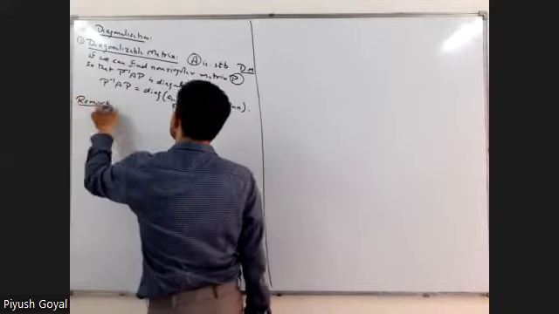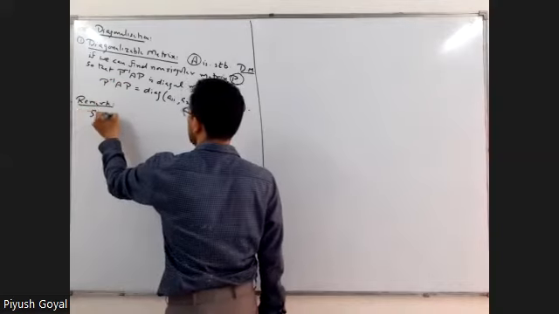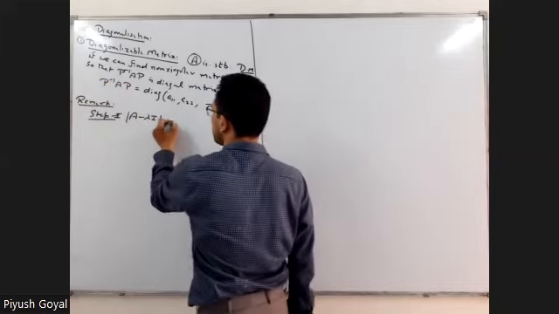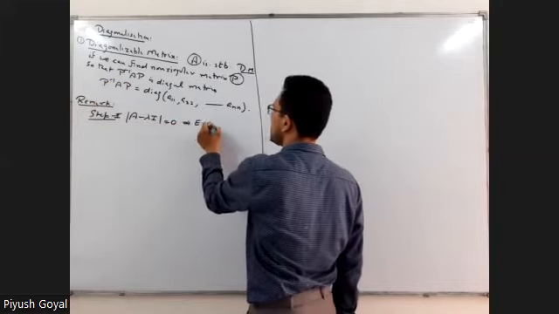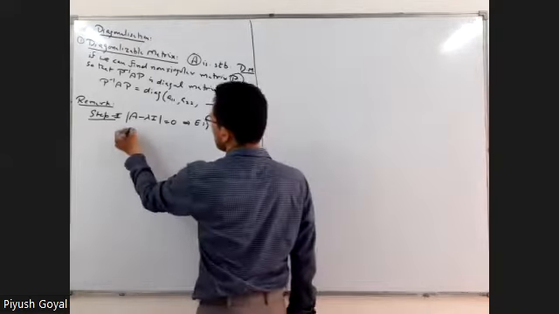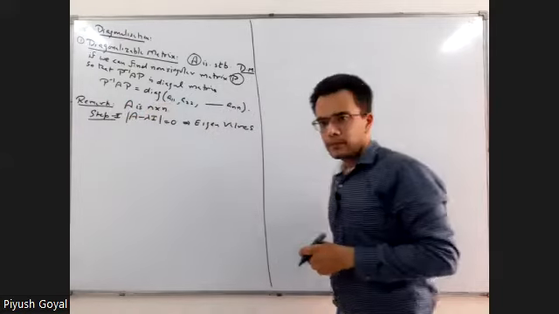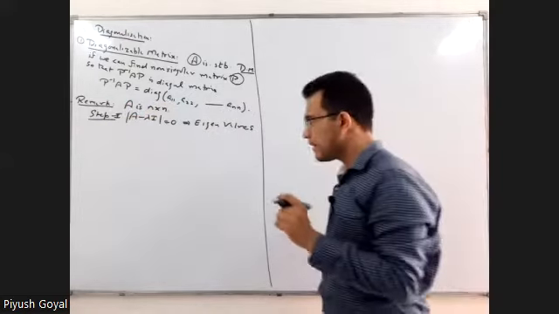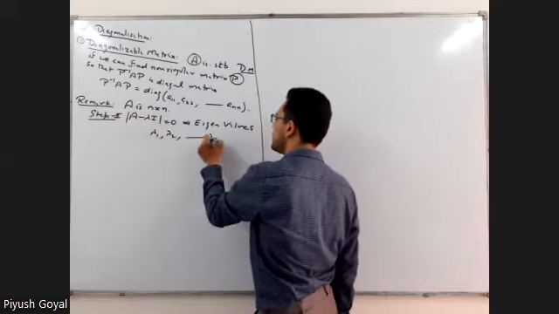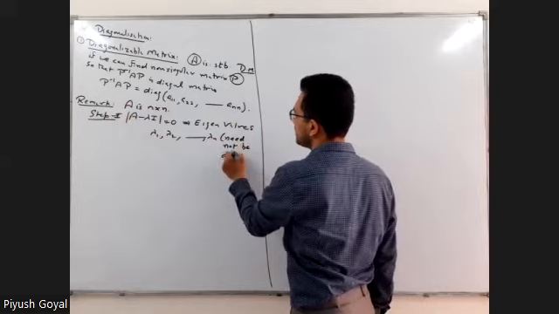Remark. Step 1: you find the determinant of A minus lambda I equal to 0, which gives you the eigenvalues. For example, this A matrix is an n cross n matrix, so you have n eigenvalues, lambda 1, lambda 2, up to lambda n, which need not be distinct.